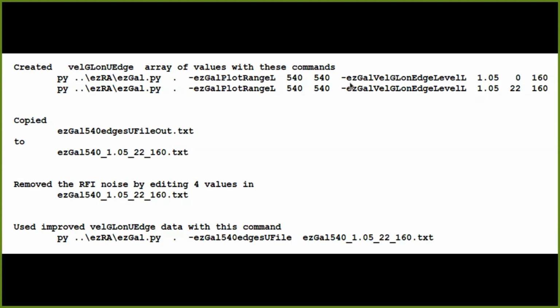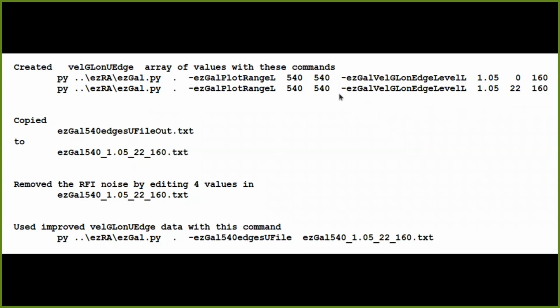The keyword is ezGal, of course, velocity, galactic longitude plot, the edge level, and because it has a list of numbers, we have an L after it, meaning for list.